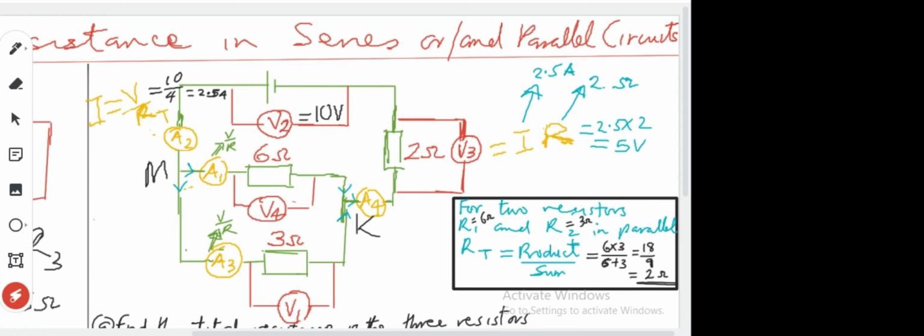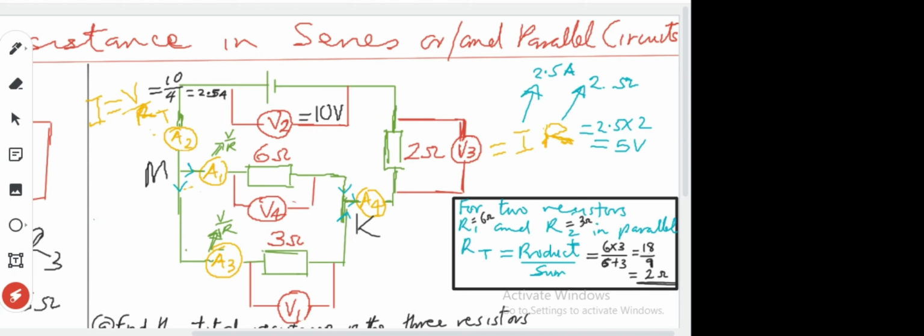If I want to measure its voltage, it has to be connected in parallel, so that when current gets to a junction, it splits, passes through the voltmeter and also through the component, and then they meet up again. Voltmeters are connected in parallel across the component you want to measure.